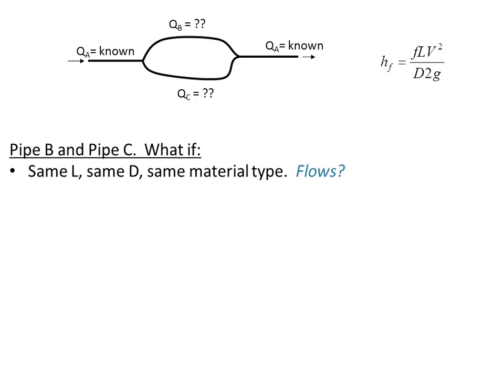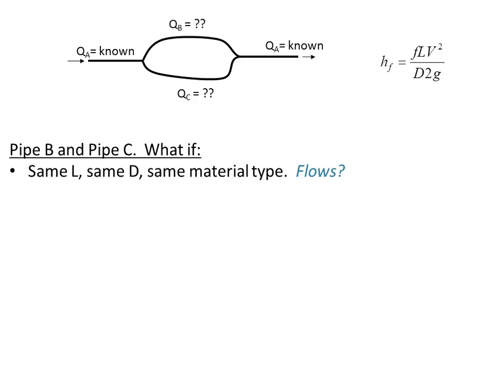That pipe B and pipe C have the same length, the same diameter, and they're made out of the same material, meaning that their roughness is the same. So how would the flows compare? They're equal. There's no reason why there would be more flow rate going through B than C. There's the same resistance to flow in both channels, and so the water would go equally through both of them.